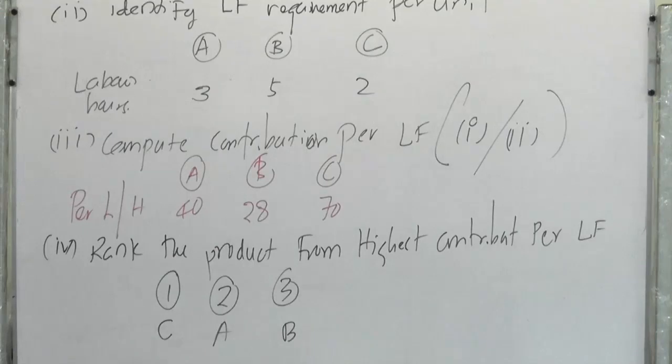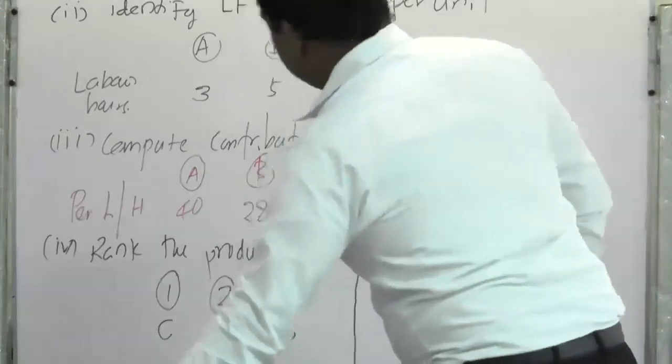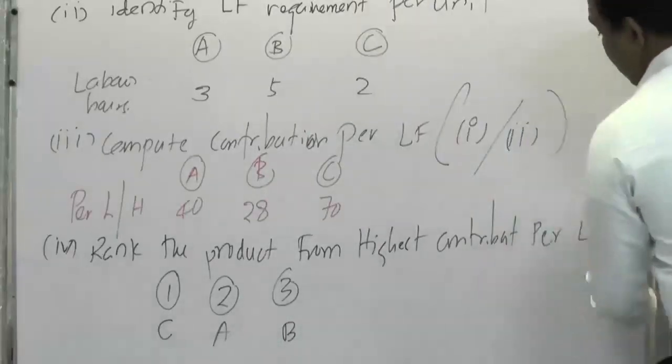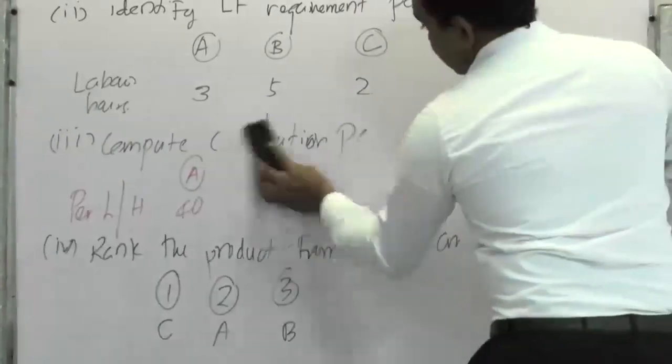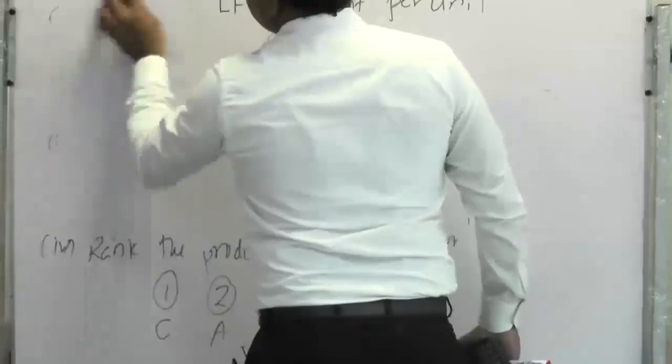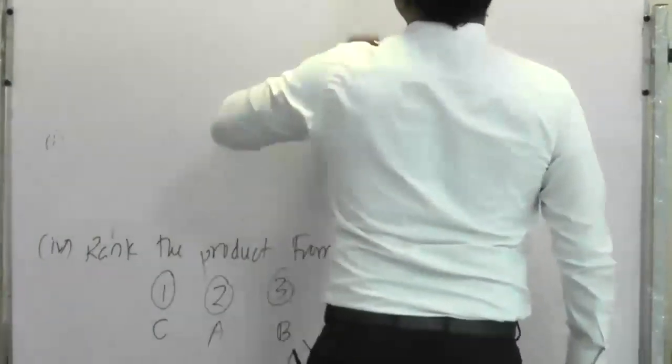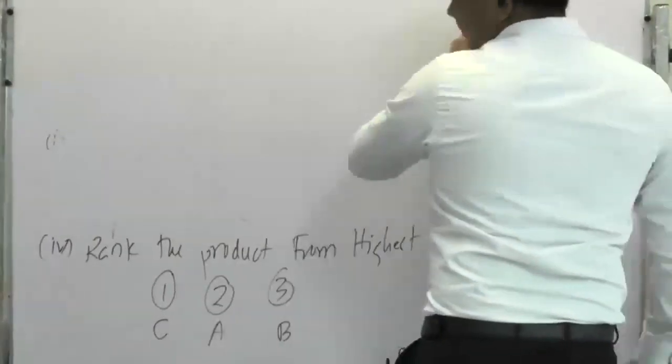Now, based on the rank, you can produce your quantity. Let's see the last step, step number 5: how to decide the maximum profitable product mix.